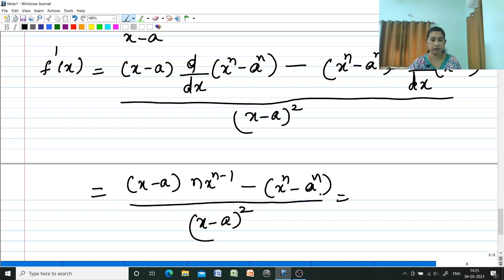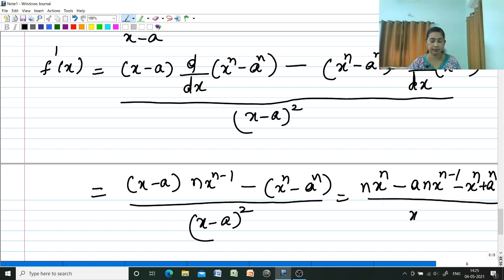And that is equal to, if you multiply this inside, x into nx raised to n minus 1, that is nx raised to n, minus a nx raised to n minus 1, then minus x raised to n plus a raised to n, divided by x minus a whole square. So again we cannot simplify, you can keep it there itself.